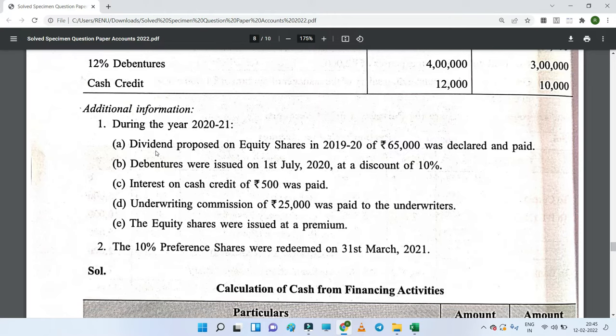It's been given that during the year 2021, dividend proposed on equity shares of 65,000 was declared and paid. Proposed dividend of last year, that means it will be added to the profit of this year. Again, debentures were issued at a discount of 10%. As debentures are being issued at a discount, the discount on issue of debentures should be deducted from the amount of inflow of debentures.